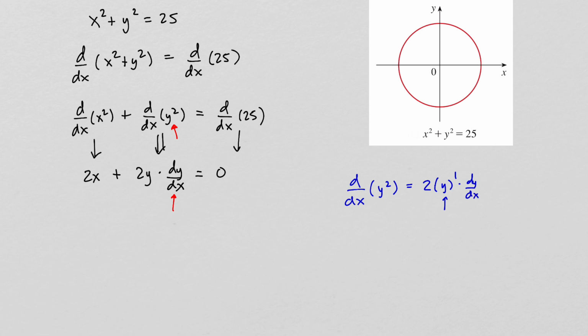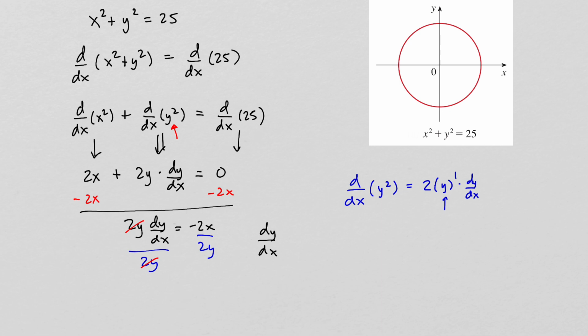Once you do that, then from there it's just a matter of subtracting 2x from both sides, and this gives us 2y dy dx is equal to negative 2x. And then finally, I'm just going to divide both sides by 2y. And when I do that, these cancel out, and I get dy dx is equal to negative x over y.